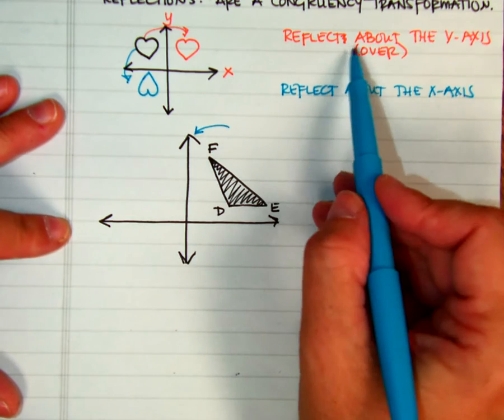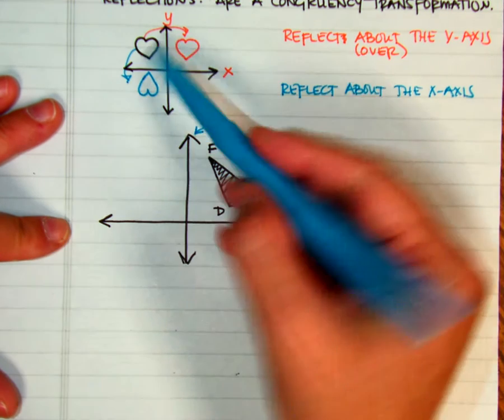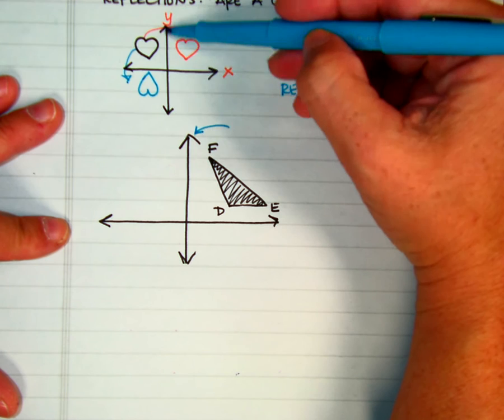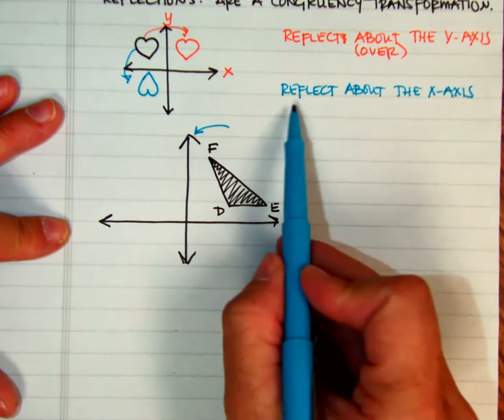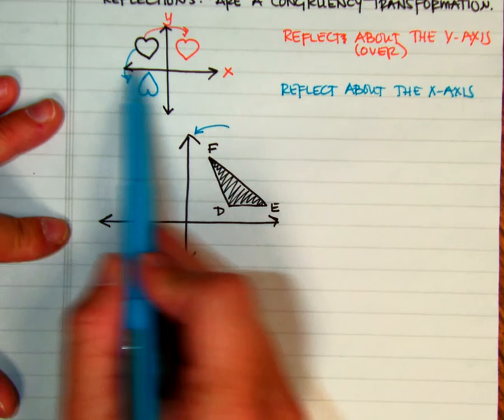So if we go back up to this one, reflect over the y-axis, your line of reflection here would be the y-axis. For this one, my line of reflection would be the x-axis.